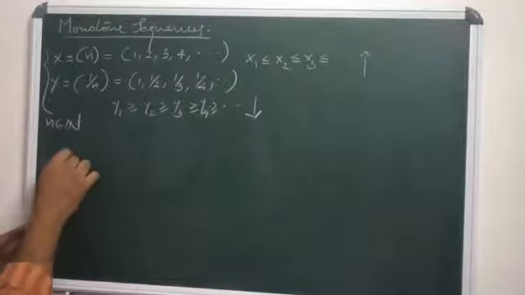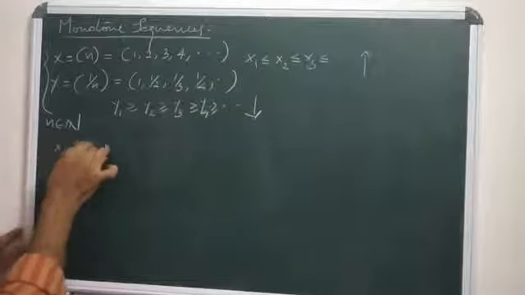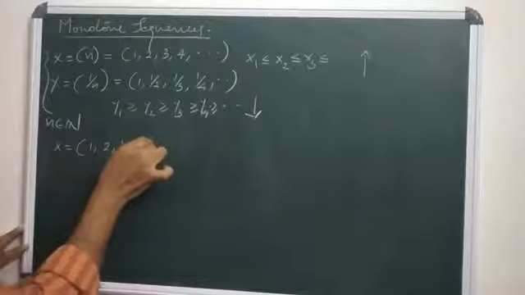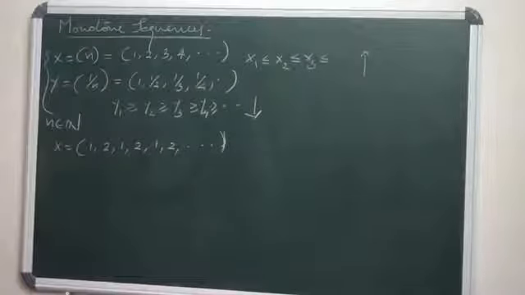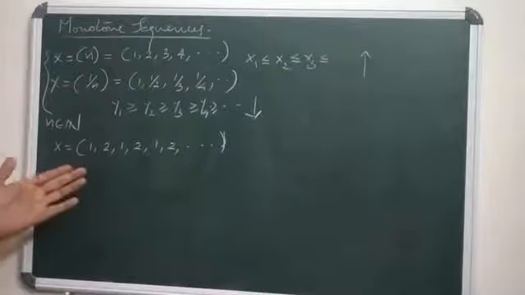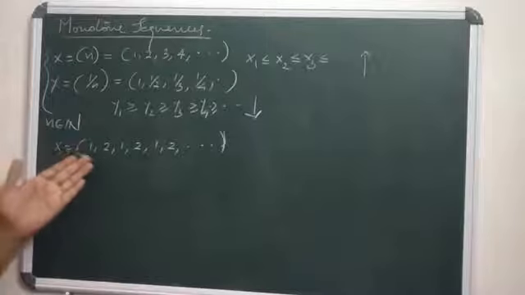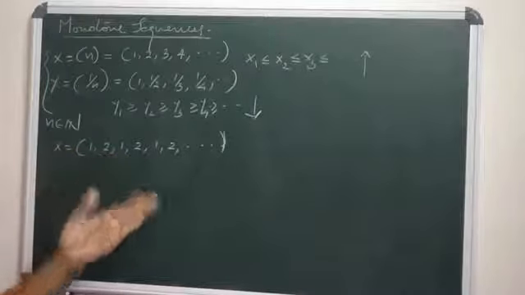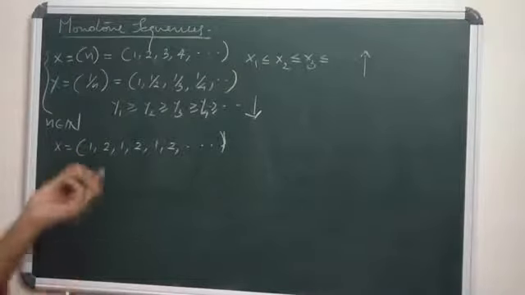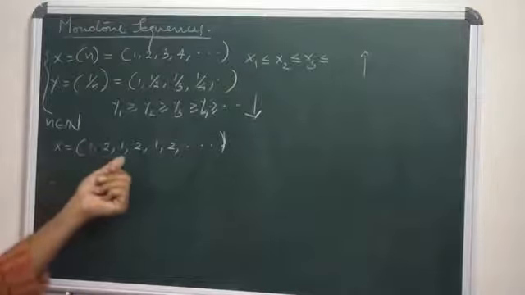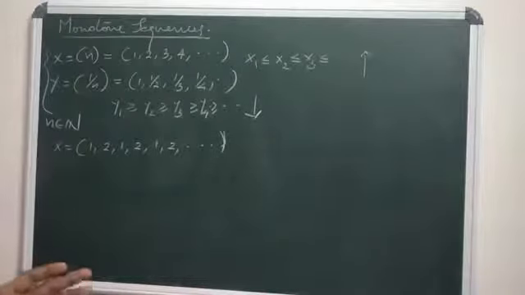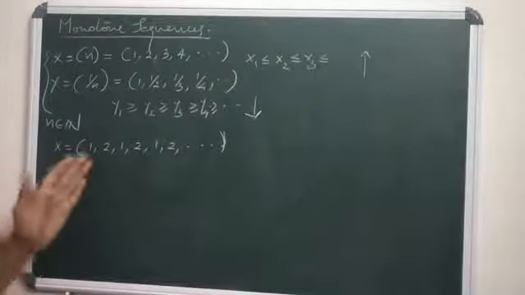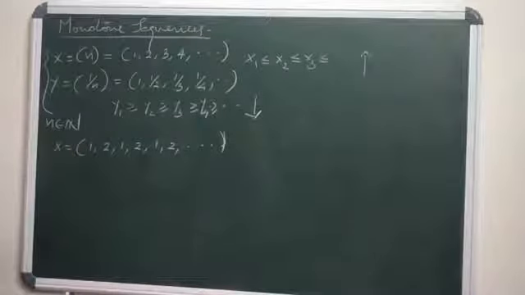So consider another sequence. Suppose x equals the sequence 1, 2, 1, 2, 1, 2, etc. Whatever the nature of the sequence, is it increasing? Do you say that x1 less than or equal to x2 less than or equal to x3? No. Do you say that x1 greater than or equal to x2 greater than or equal to x3? No. We cannot comment about the increasing or decreasing of this sequence.